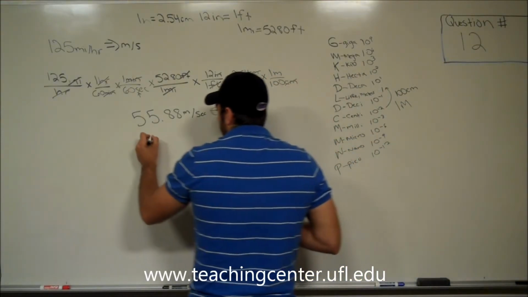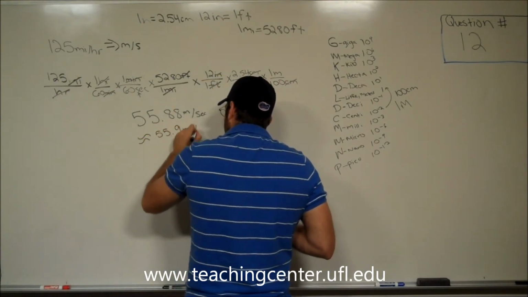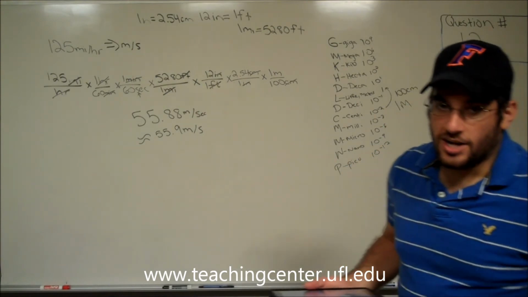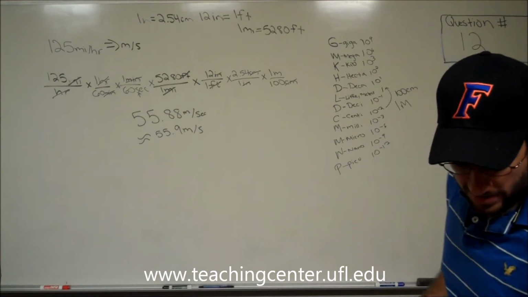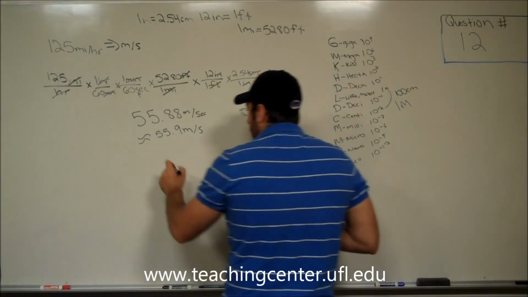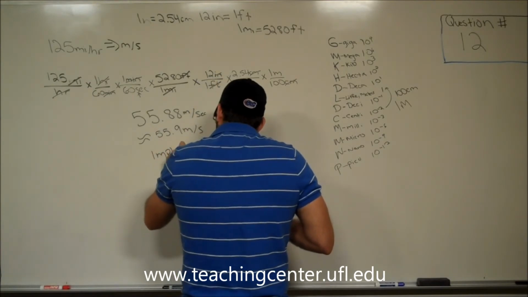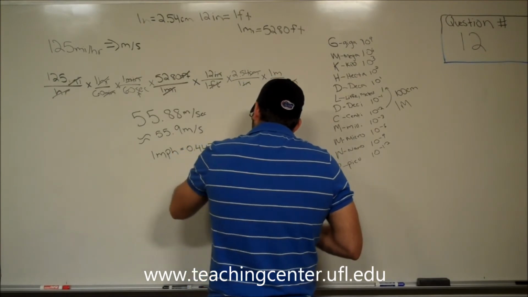So they round it up. And a constant for you to memorize is 1 mile per hour equals 0.44704 meters per second.